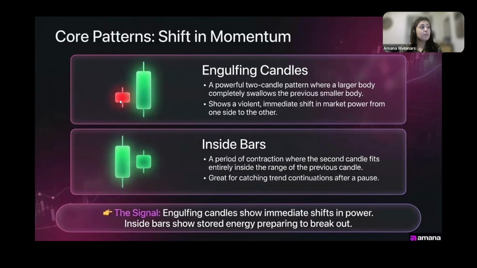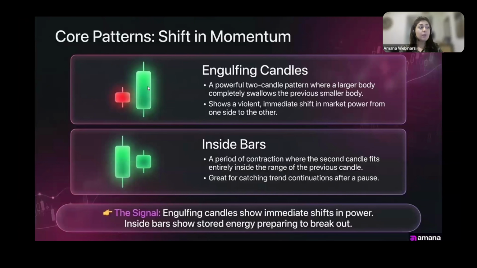In an engulfer, you have a smaller candle, which is usually the opposite color, followed by a much bigger candle, which engulfs the previous one in its range. So in this case, this is a bullish engulfer, and this is a 2-day pattern. So this will take 2 days to form, and it's showing you a very immediate shift in market sentiment.